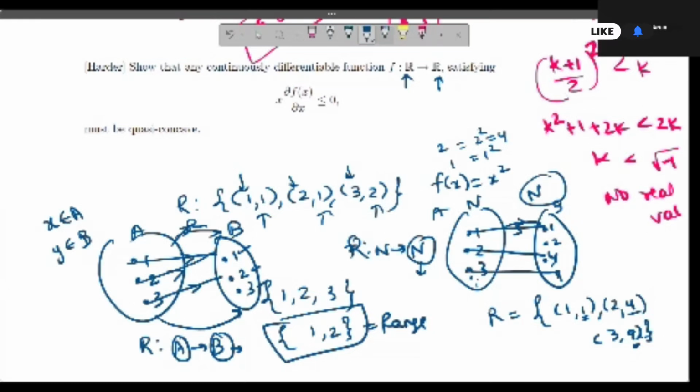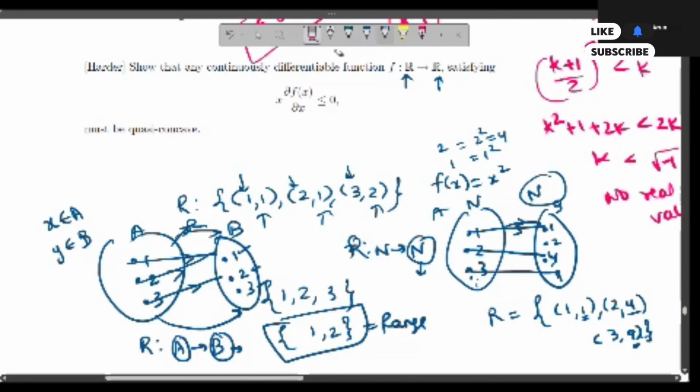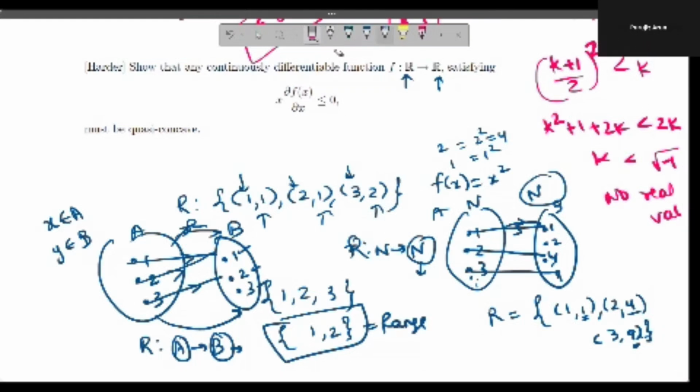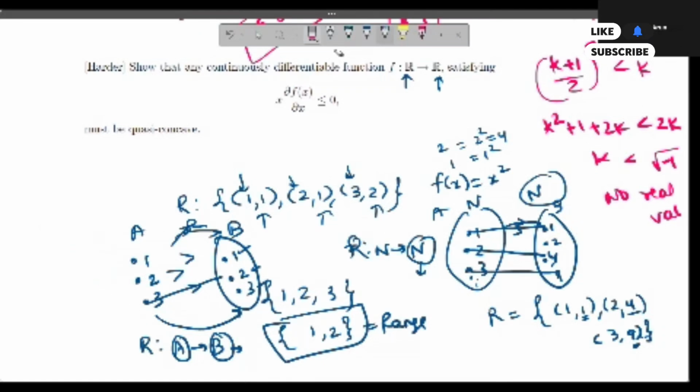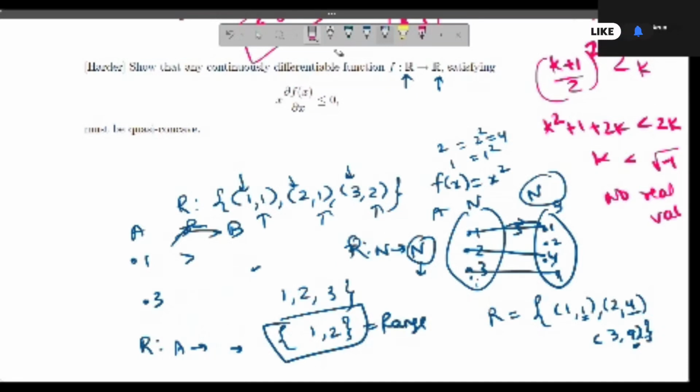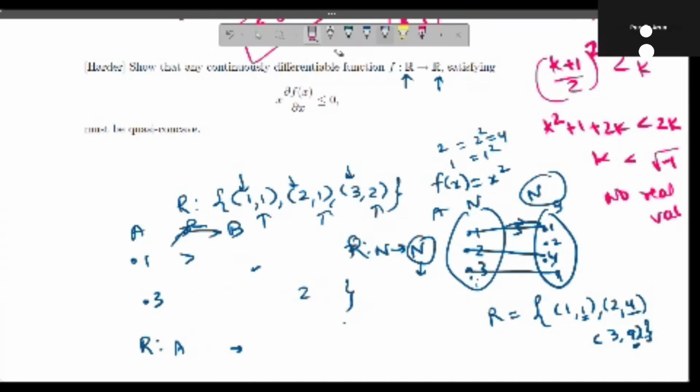A function moving from domain to codomain, both of which are real numbers, satisfying x times the derivative of f(x) with respect to x less than or equal to 0, must be quasi-concave. Now, not only the function, its derivative is asked to be proved as quasi-concave.